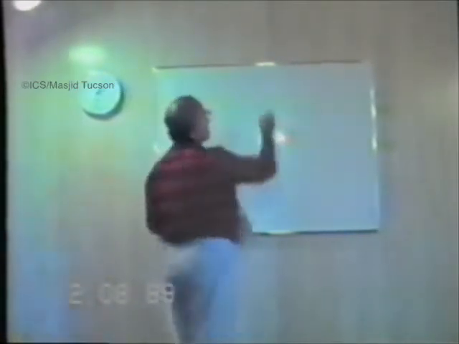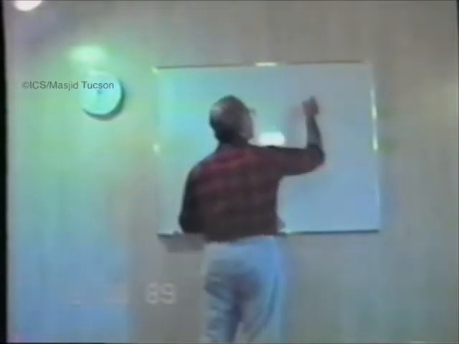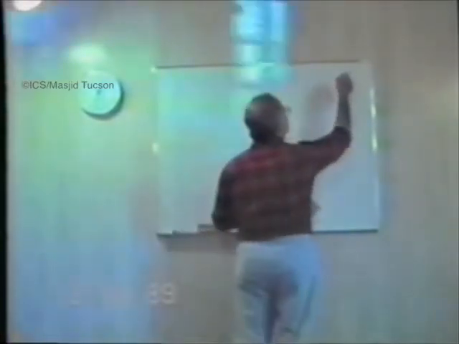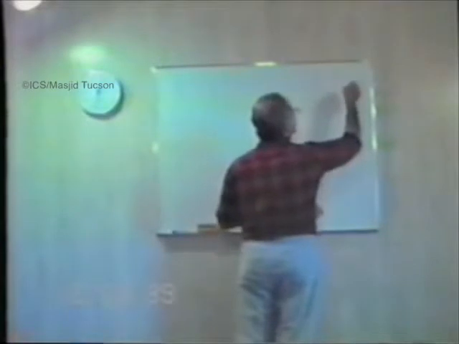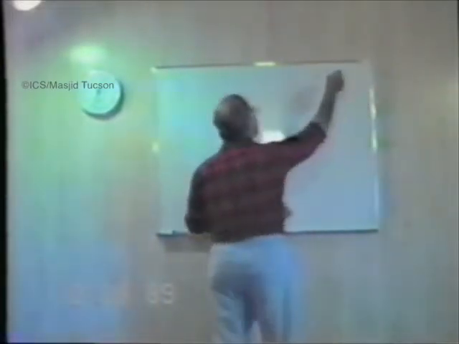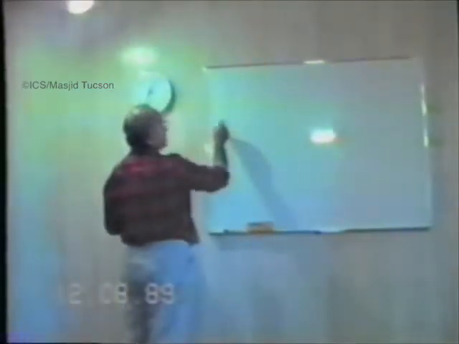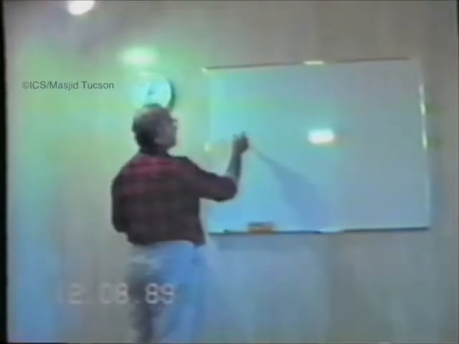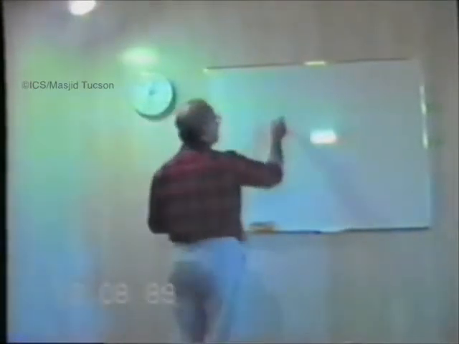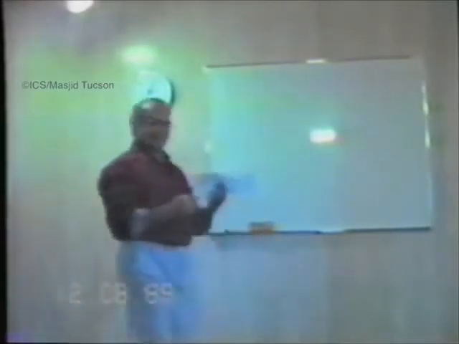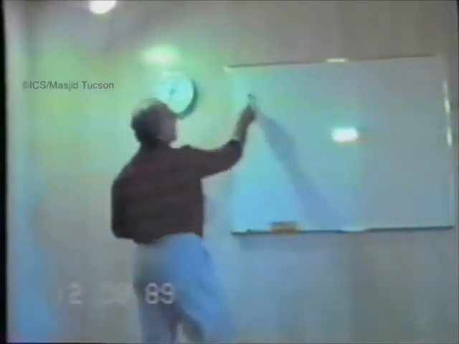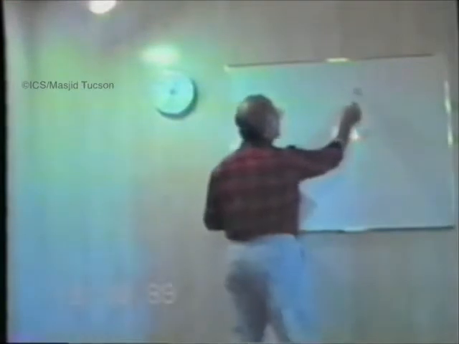Rabb Al-Alamin, Ar-Rahman, Ar-Rahim, Maliki, Yawm, Ad-Din, Iyaka na'budu, wa Iyaka nasta'in, Ihdina as-sirat al-mustaqim, 2 of them, al-mustaqim, sirat alladhina an'amta alayhim ghayr al-maghdubi alayhim wa la ad-dallin. How many are these? 1, 2, 3, 4, 5, 6, 7, 8, 9, 10, 11, 12, 13, 14, 15, 16, 17. Yeah, you missed one.